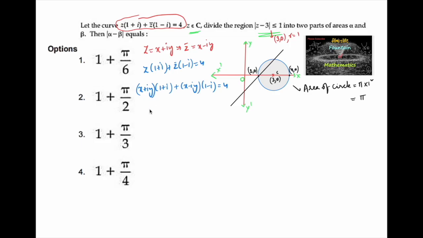So on simplifying, you can get x plus iy plus ix minus y plus x minus iy, and again minus ix, so minus y.